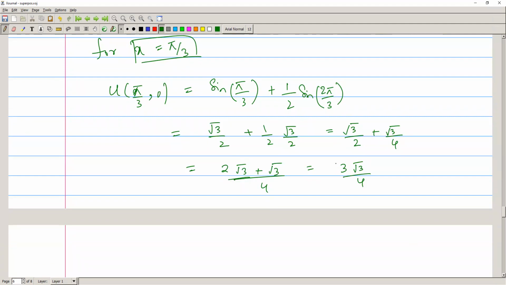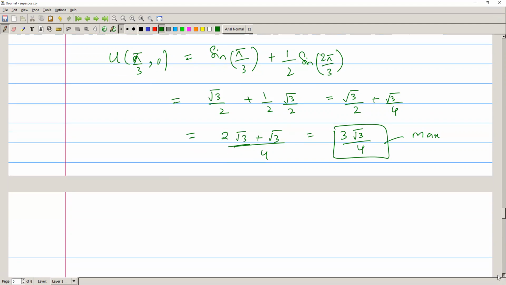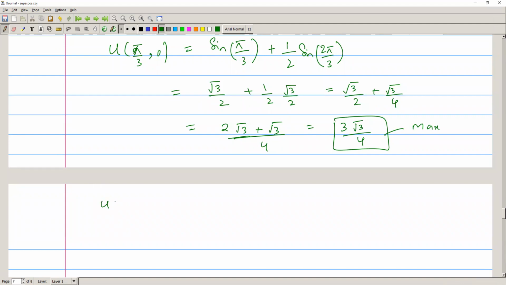All right, so this is the maximum value it will get, because it's given in the question that it should be equal to or less than this, right? So we found the maximum, now we will find the minimum. So we apply pi: sin pi plus 1/2 sin 2pi.